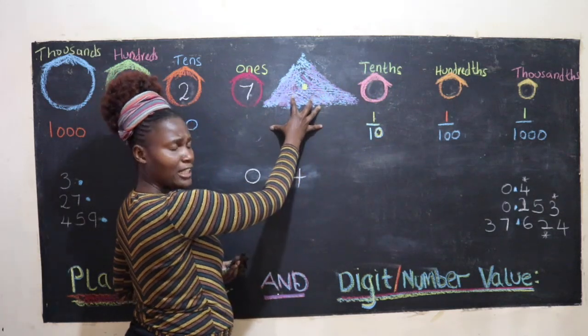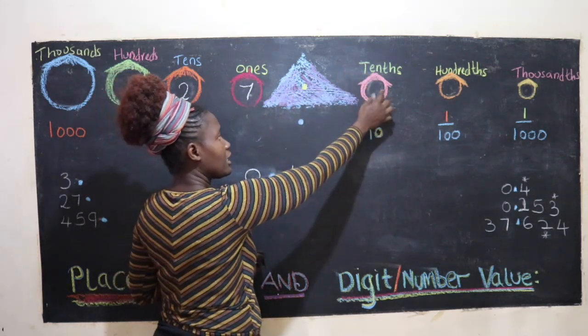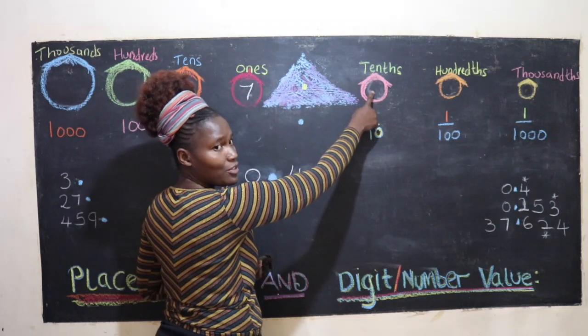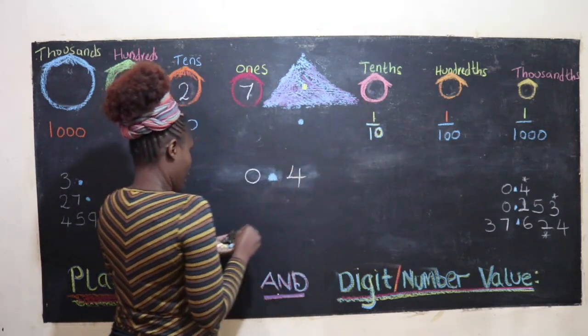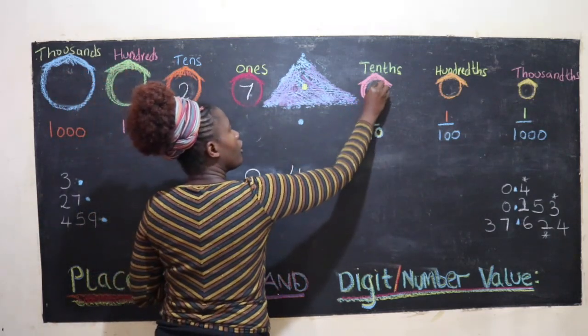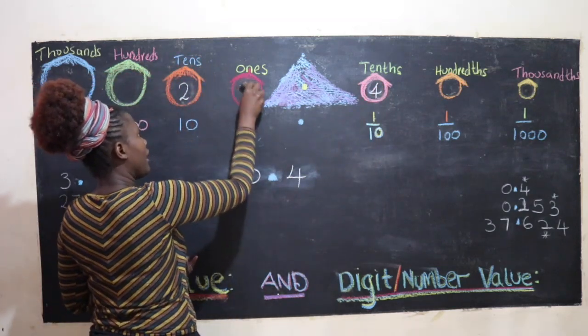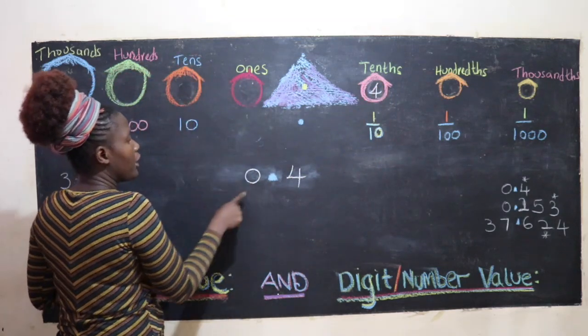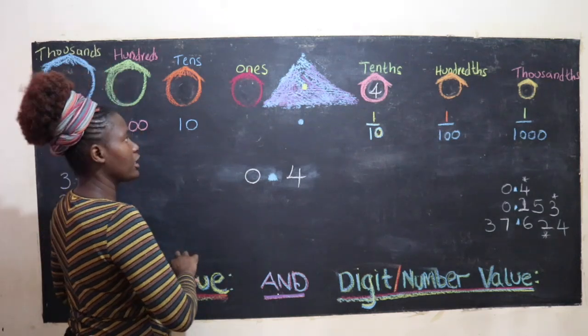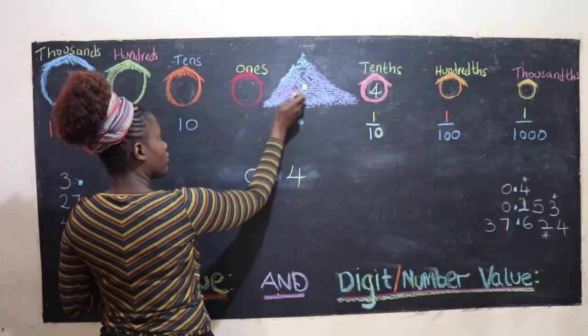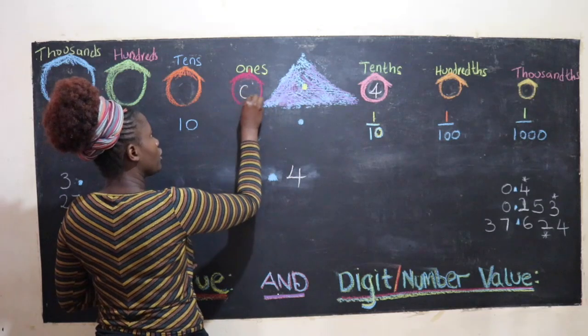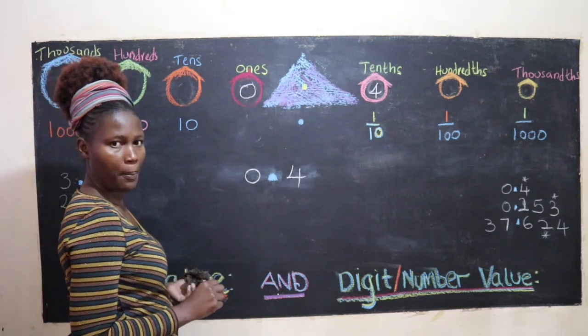Immediately after the decimal, on this other side is the home of tenths. That would mean 4 lives here. And if 4 lives there, then 0 definitely is on this other side after the decimal, so 0 will be there.